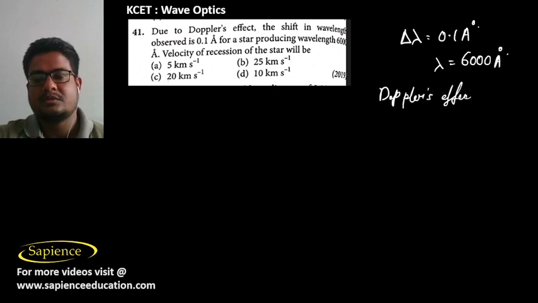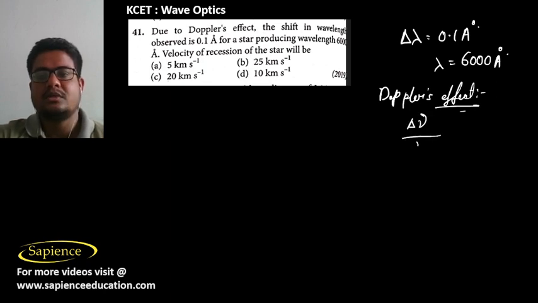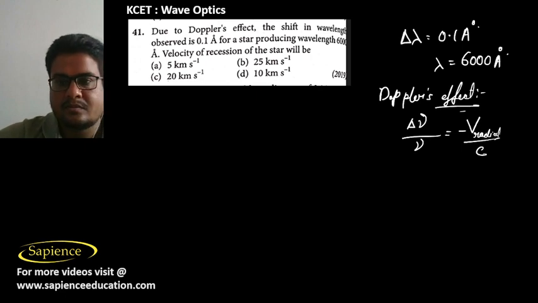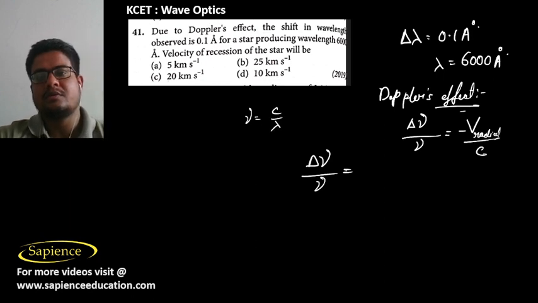we have that the relative change in the frequency, that is delta nu by nu, is equal to minus v radial by c. We know that nu is equal to c by lambda.